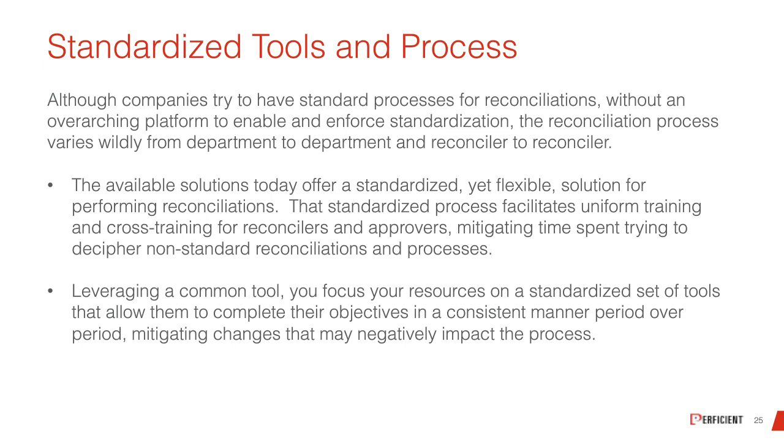By using the tools available today, you can get a standardized tool and process that's built into the system. They're all done basically the same way, allowing the flexibility to handle differences for some of these accounts which may need something different. So it's a standardized tool that's flexible enough to allow you to do different things, but it also gives you that platform that everyone knows how to use.